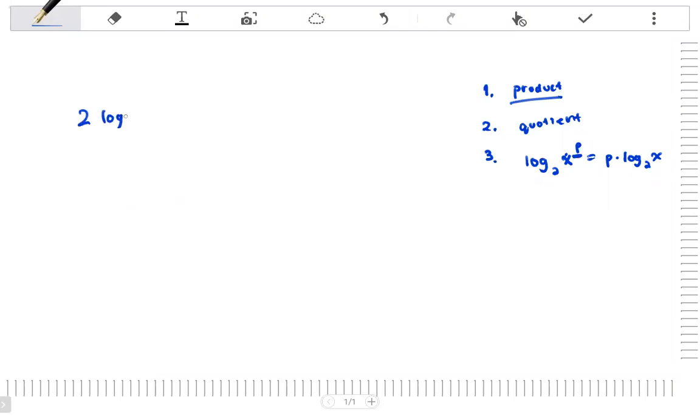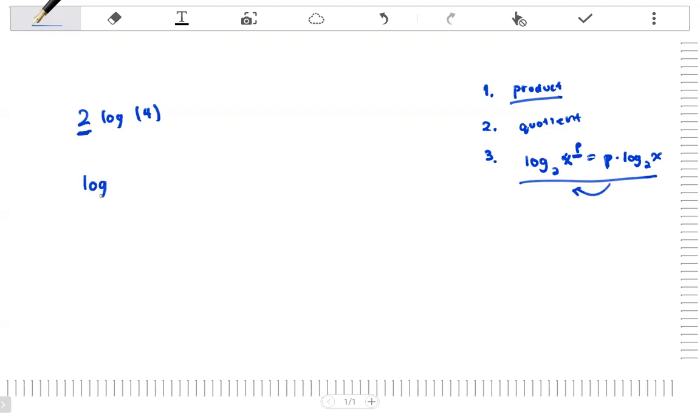So sometimes you have to work properties backwards. If you see a problem like this, 2 times log base 4 of log 4, how should we solve this? Well, we have a 2 that's taken out here. And if we look at the third property, when the exponent p is taken out, we can go the opposite way and put it as an exponent.